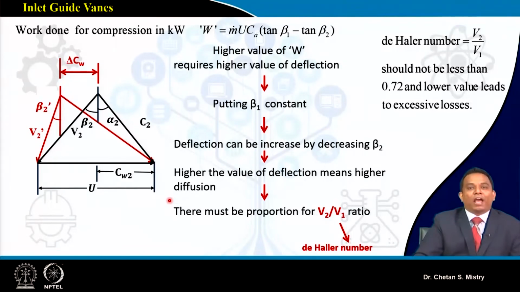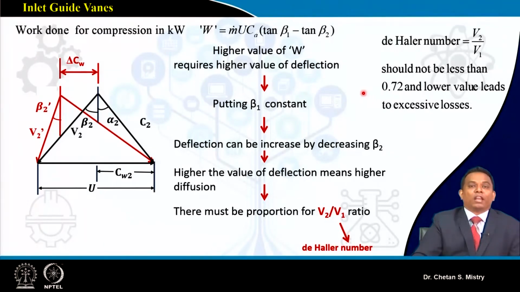In line with that, people in Europe consider this relative velocity ratio, de Haller's number, as a catch on eye. According to de Haller, this number should not be less than 0.72, and a lower value will lead to excessive losses.